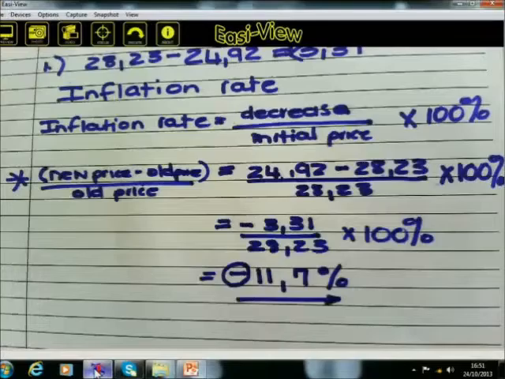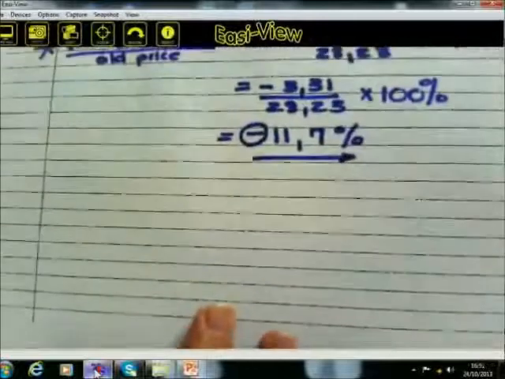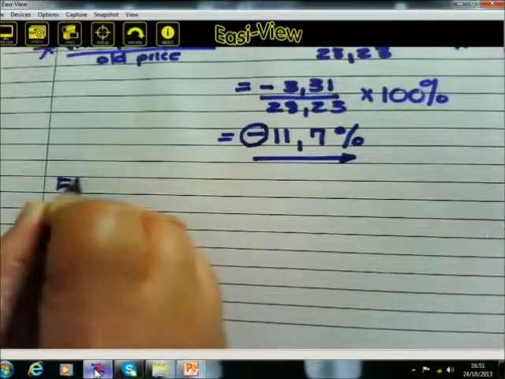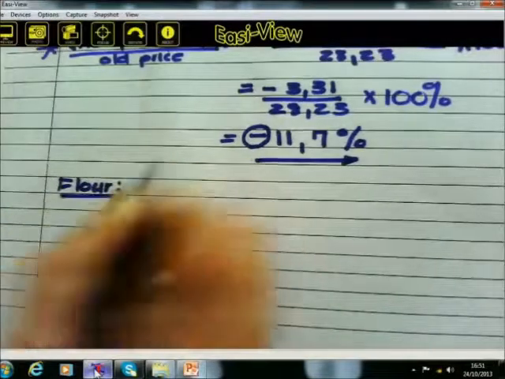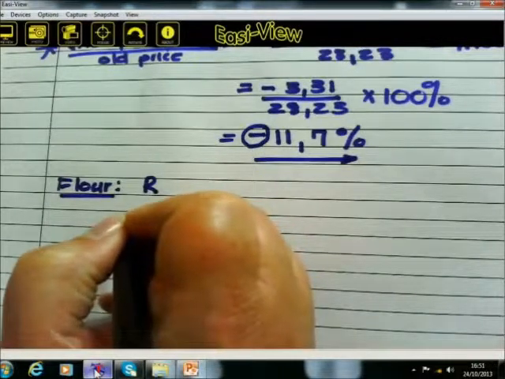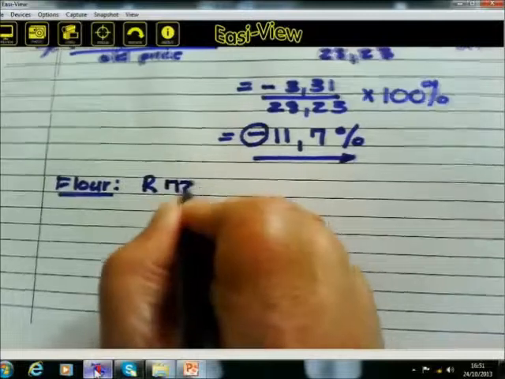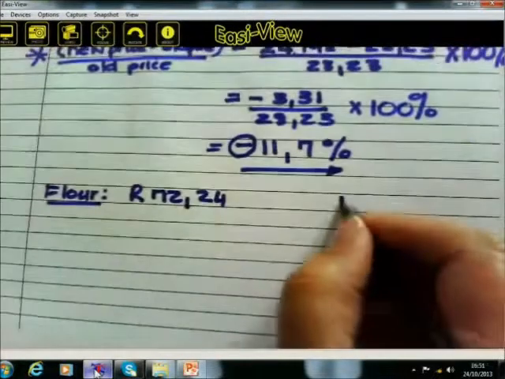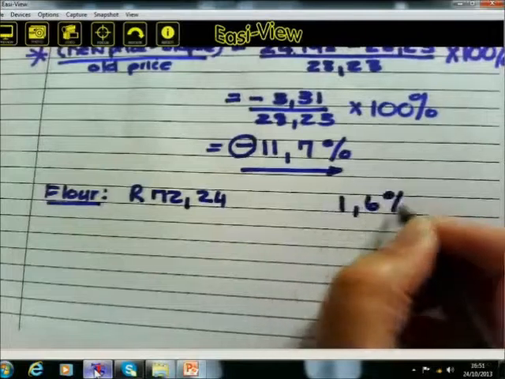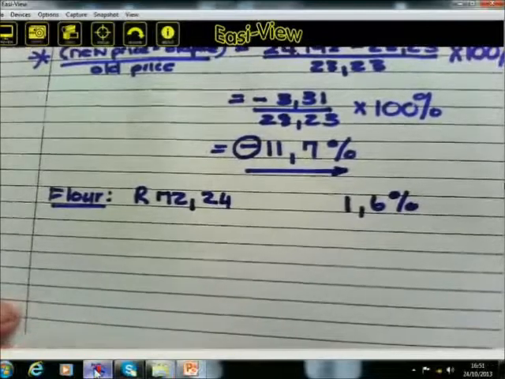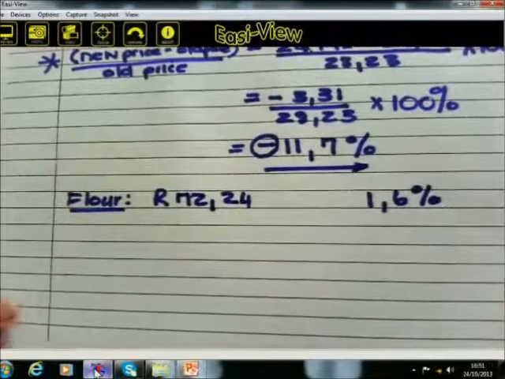It is very similar to the one of the house, where we had now the price of the flour. Just write here what we are working with now. The flour's price in February was 72 Rand and 24 cents. Now they say the inflation rate is 1,6%. So it's similar to the house. Now remember, there are two possible ways to calculate it.